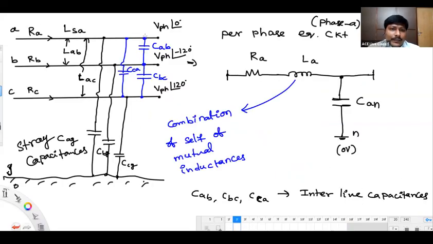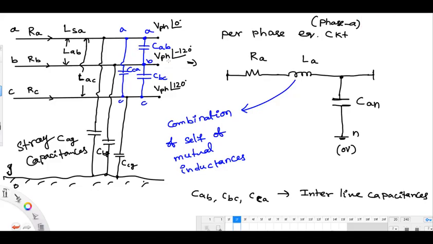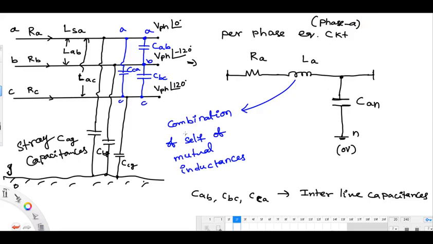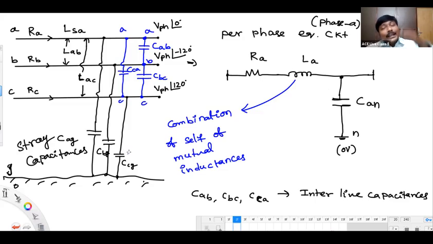The delta, A to B, B to C, C to A, we convert into star. Then you get A to neutral capacitance, and that we keep in the circuit. What about the ground capacitance? We are neglecting it, which is very low, because the height of the conductor with respect to ground is very high.